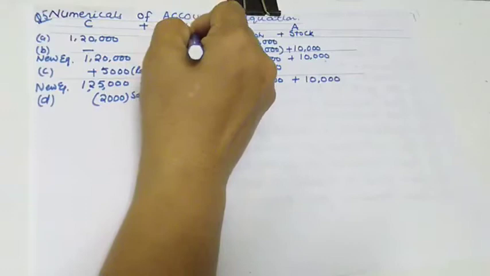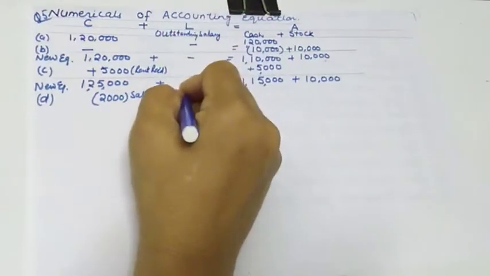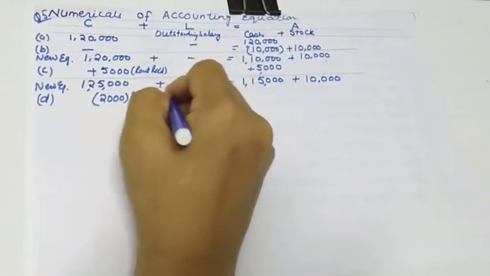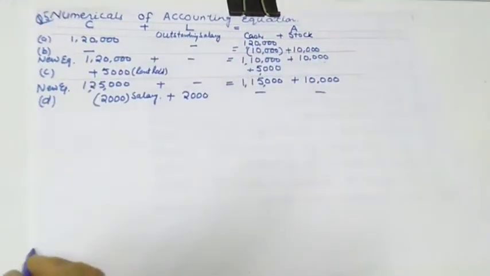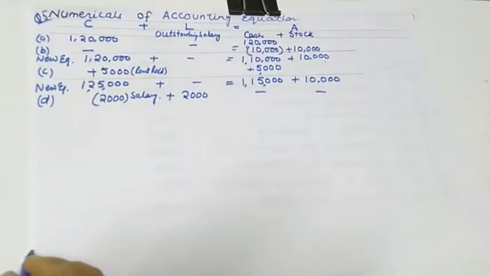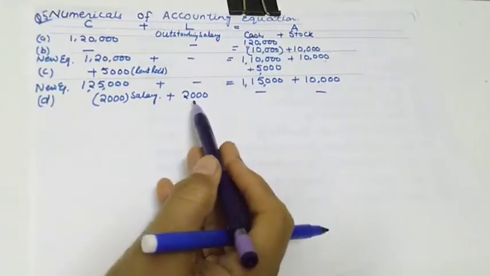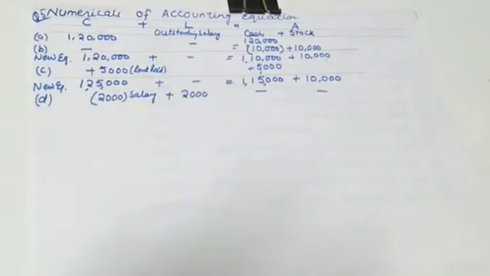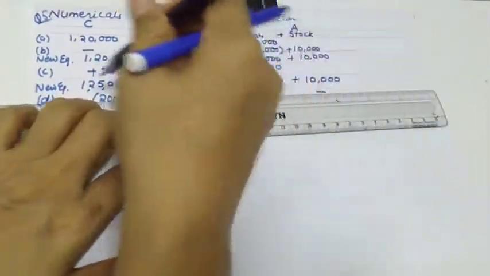Outstanding salary rupees 2000, no change on asset side, no change in cash, because this is your outstanding expense. Outstanding expense means due and not paid, so your liability will arise because you need to pay it now.